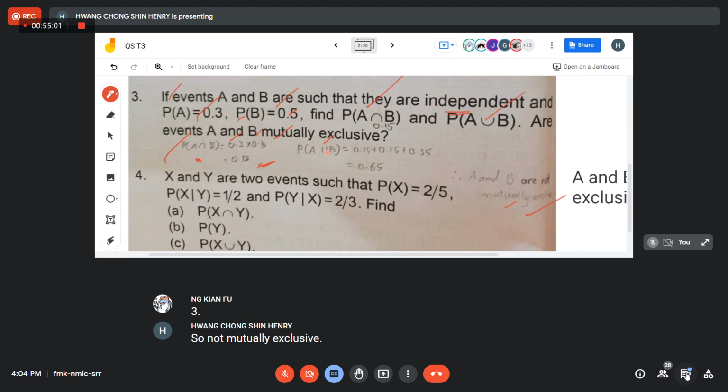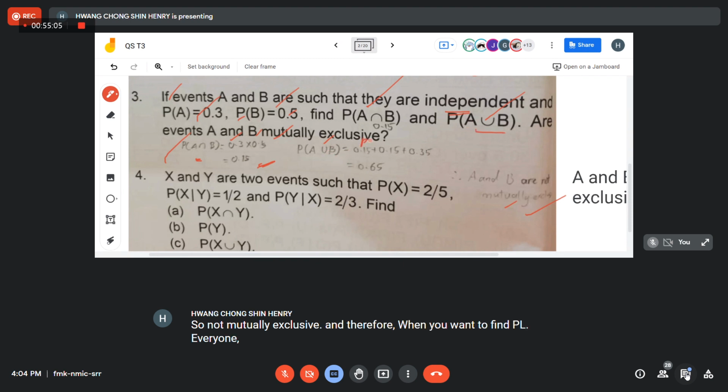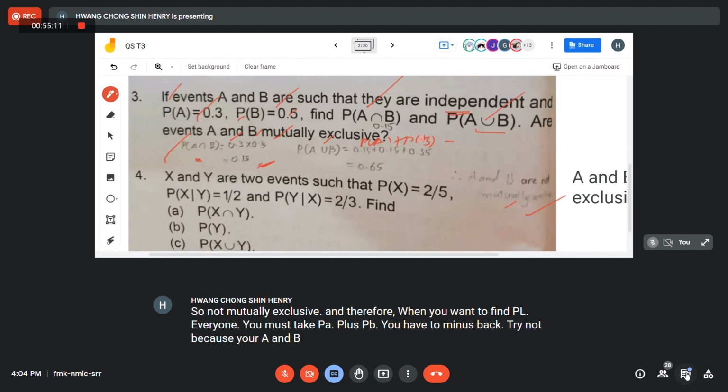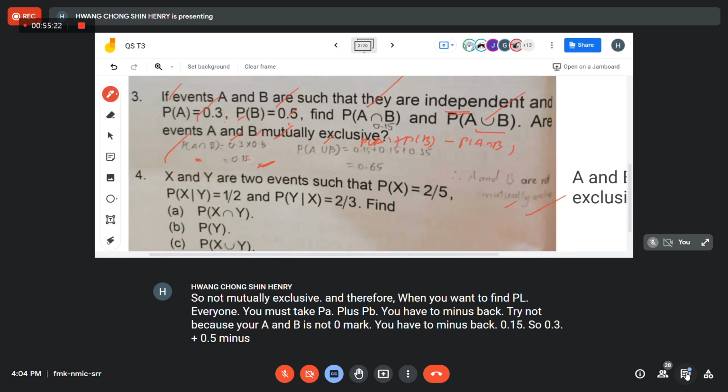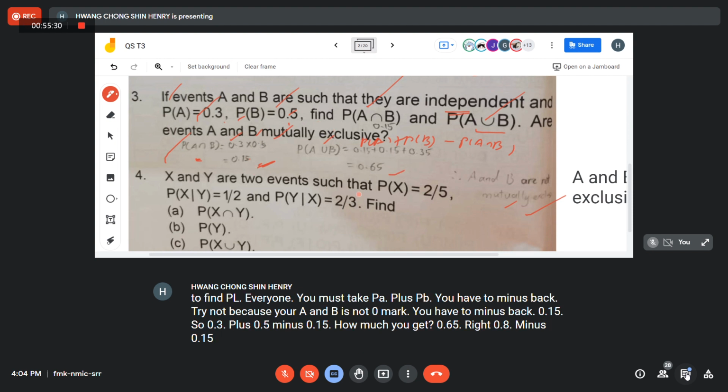Therefore, when you want to find P(A or B), you must take P(A) plus P(B) and minus back P(A and B), because it is not 0: 0.3 plus 0.5 minus 0.15. How much do you get? 0.65, right? 0.8 minus 0.15 is 0.65.